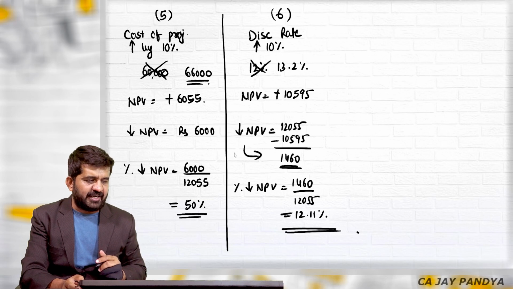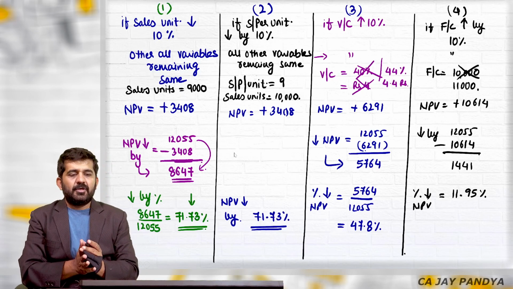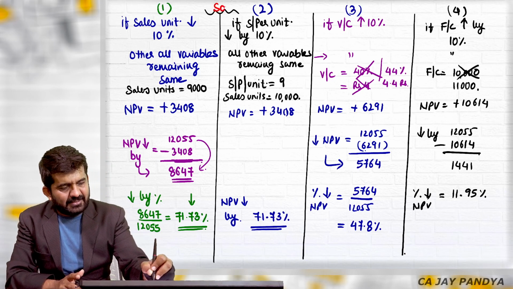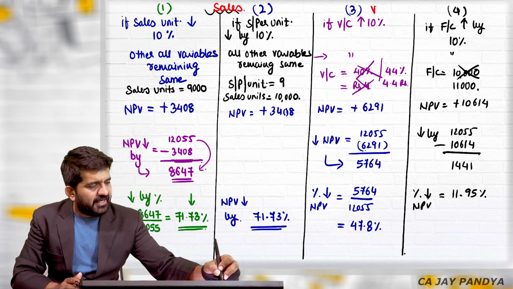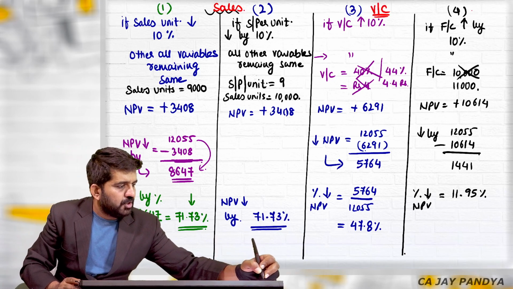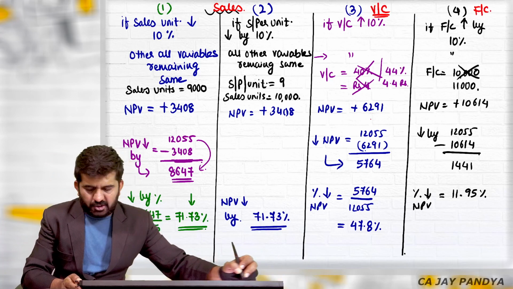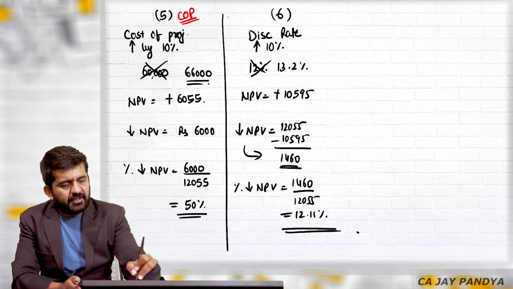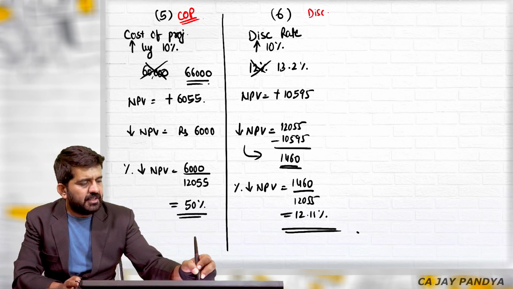Try to understand, I can directly find out. What is the variable over here? In 1 and 2, the variable is the sales. What is the variable over here? Variable cost. What is the variable over here? Fixed cost. What is the variable over here? Cost of project. And the variable over here is discount rate.